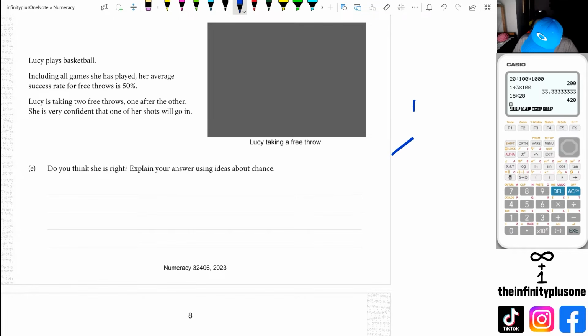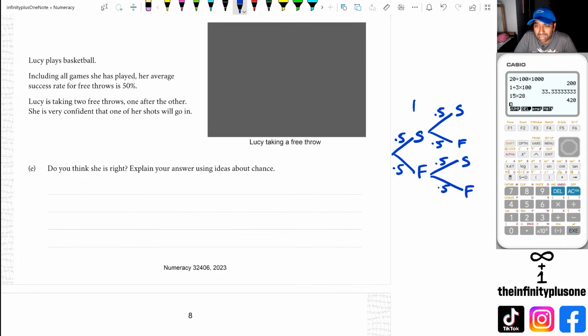So we might put this as success, failure, that's 50%, and then success, failure, success, and failure. So it's all 0.5, 0.5, 0.5, or you can write it as half, half, half. I think let's actually do it as halves. Should have done that from the beginning.